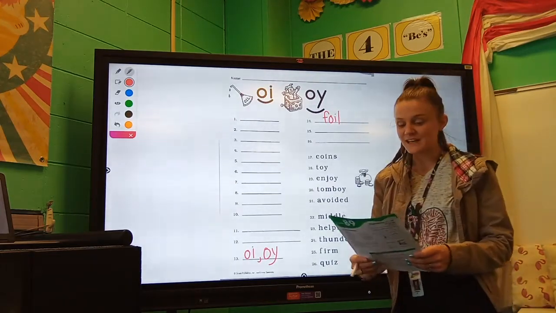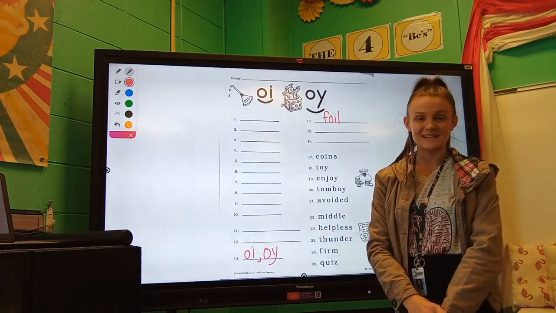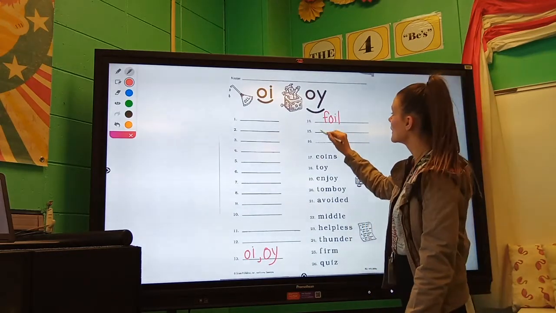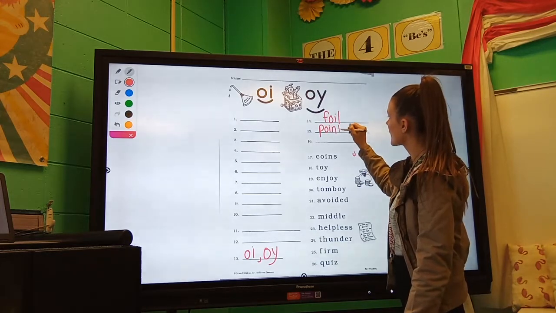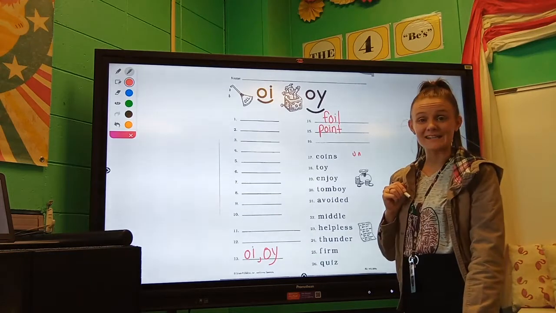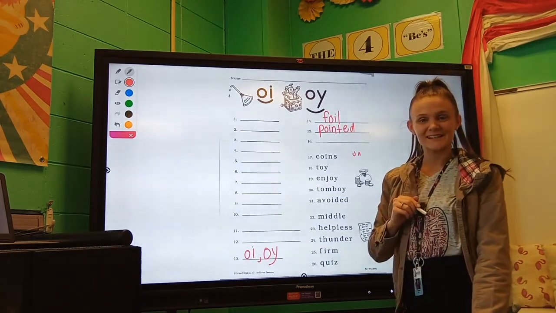For number 15, we're spelling the word pointed. Pointed. So let's start by writing point. Point. Now I'm adding ed to the end, the ed suffix.